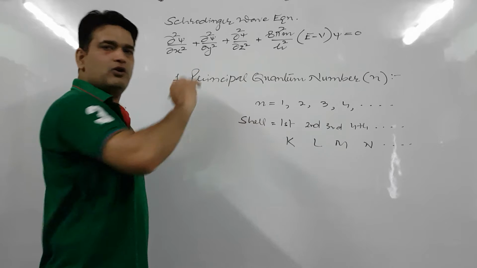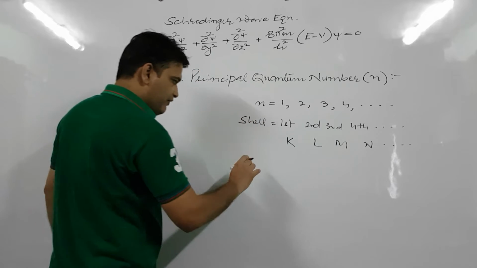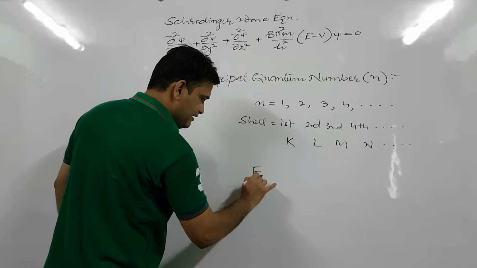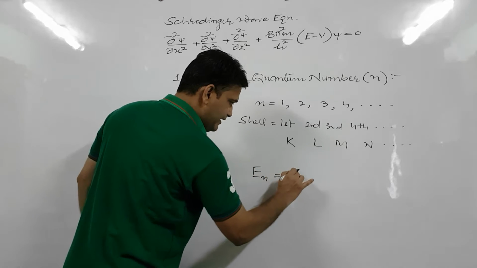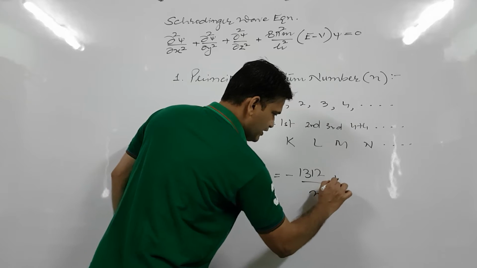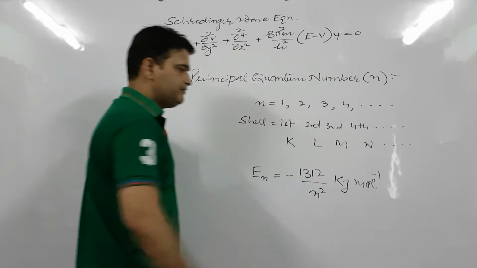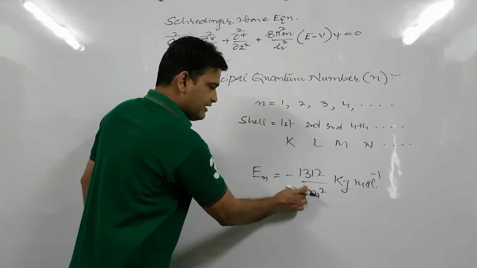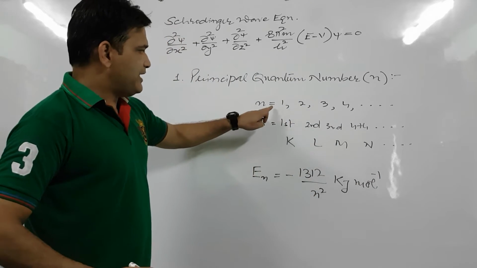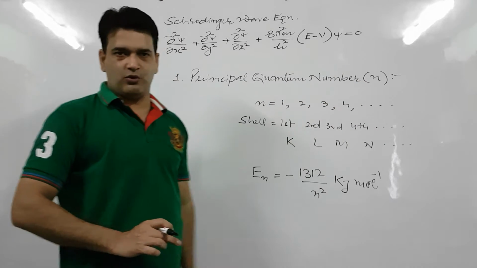It also tells us about the energy of the given electron with the help of this relation. En is equal to minus 1312 divided by n square kilojoule per mole. This n is principal quantum number and its value is 1, 2, 3, 4 and so on.